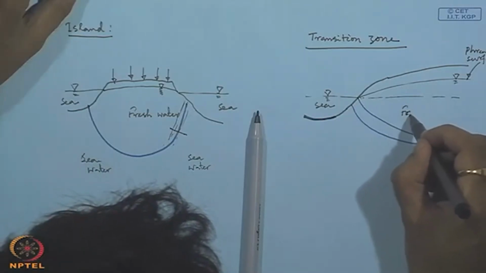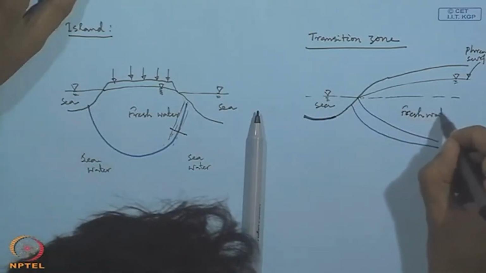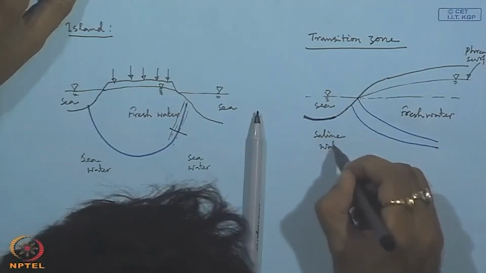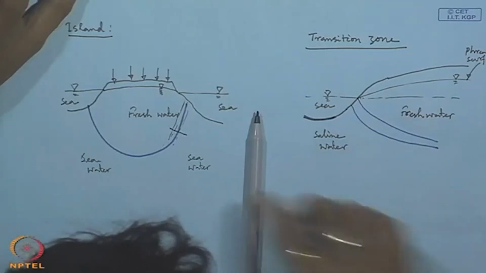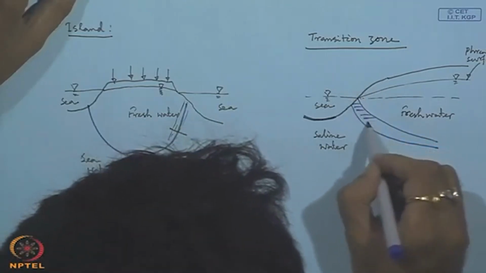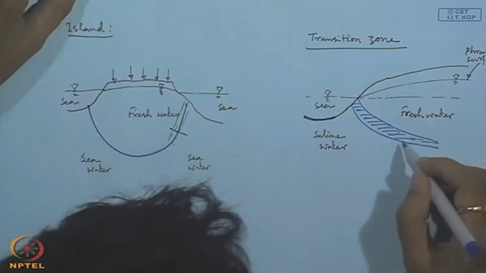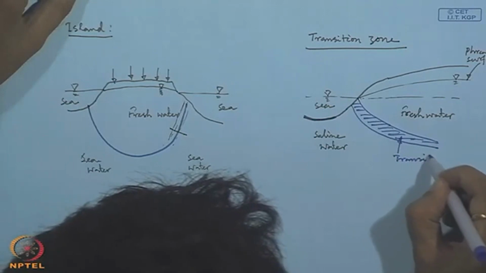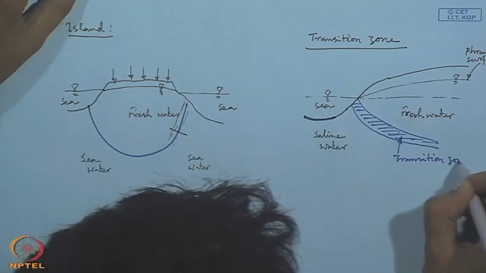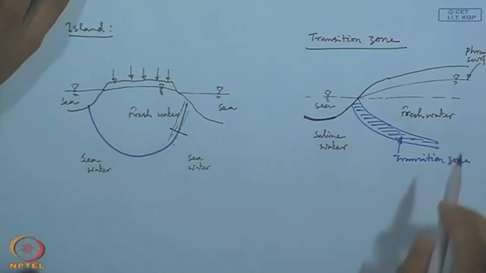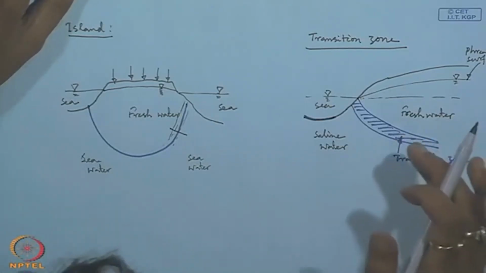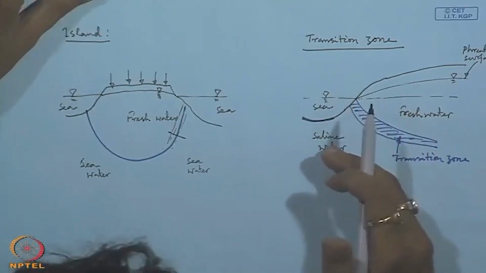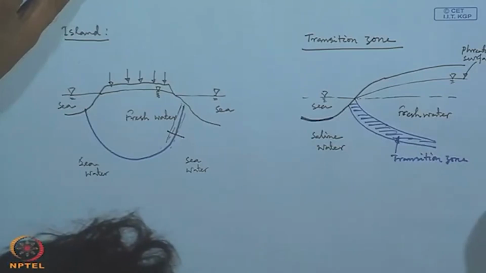This is fresh water and this is saline water. In between there exists something that is called transition zone. Thus, density of fluid within this transition zone is in between saline water and fresh water.